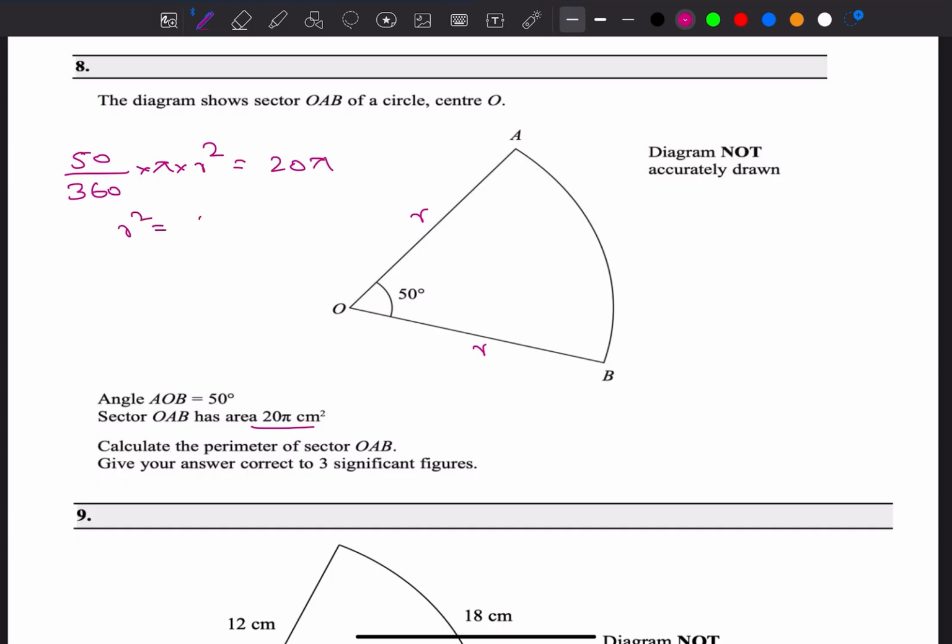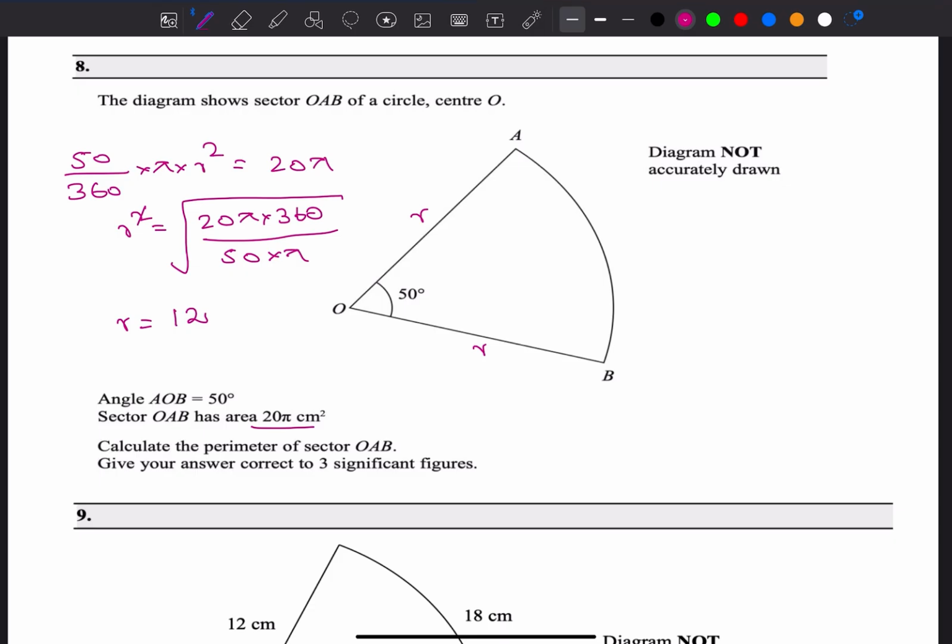Radius squared equals 20 pi times 360 divided by 50 times pi. The square becomes square root, and I can work out the radius. Which will make the radius 12. Okay, the radius is 12.